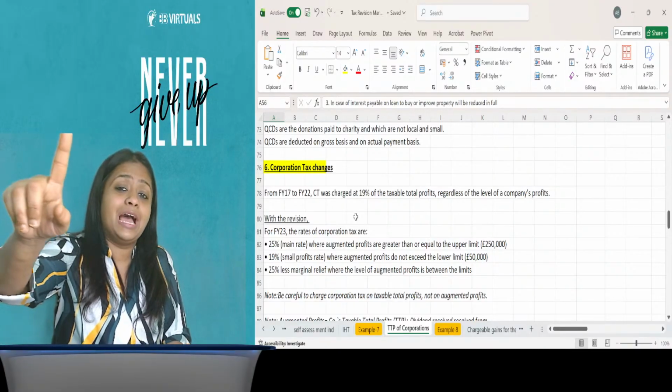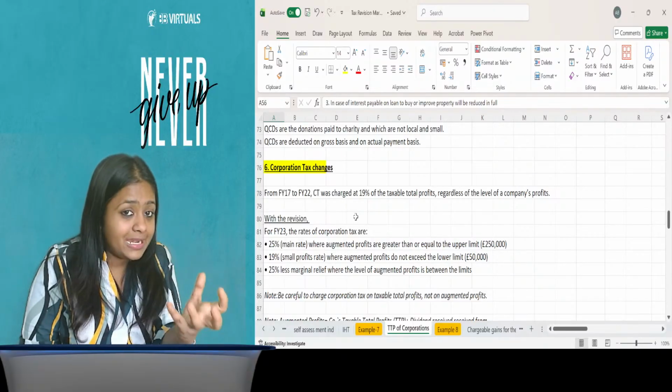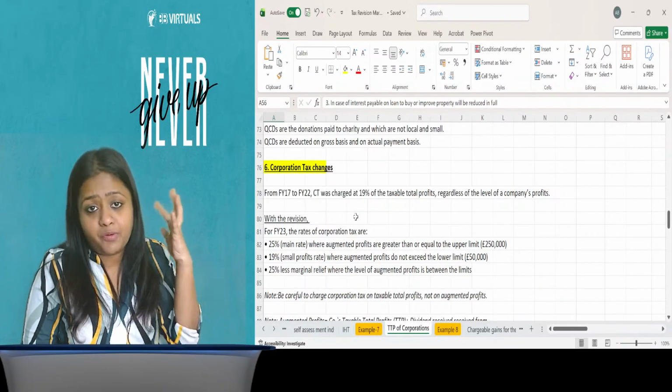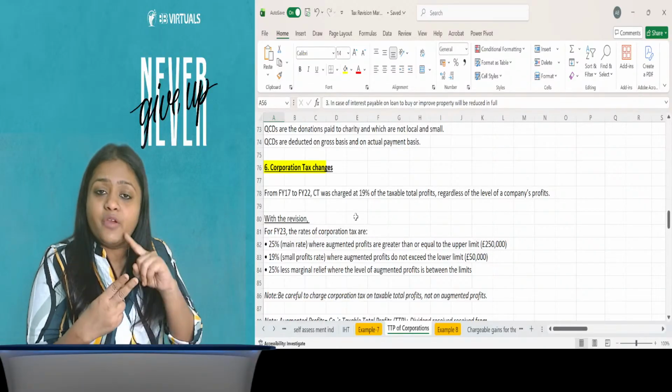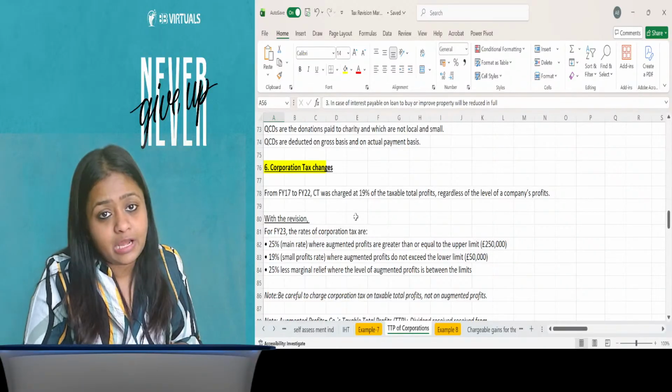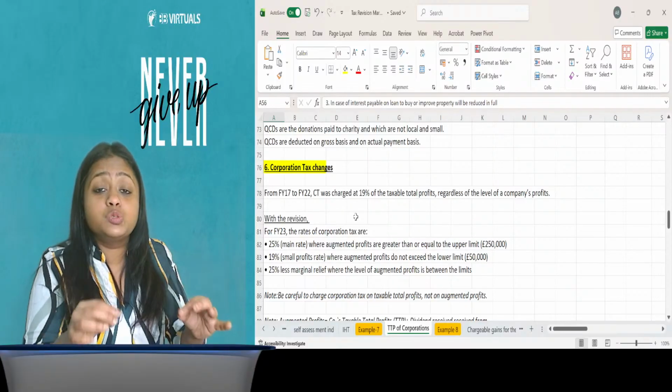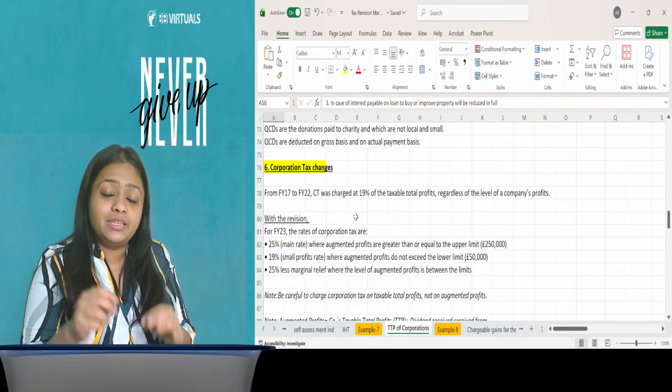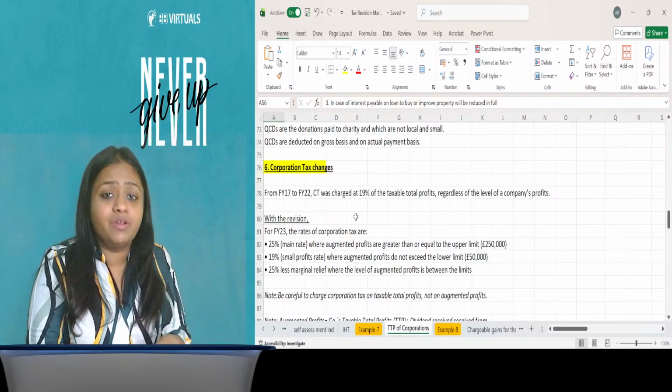You always pay tax on TTP, but what rate it is going to be, that is determined with the help of augmented profit. Next, if your augmented profits are up to 50,000, then this is known as the small profit threshold, and then a tax rate of 19% will apply.